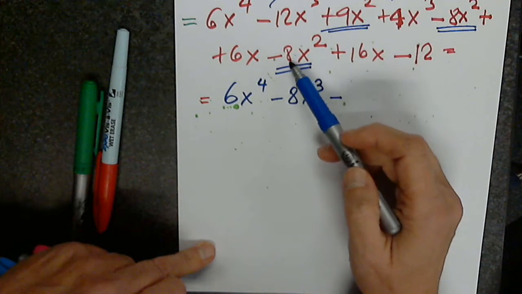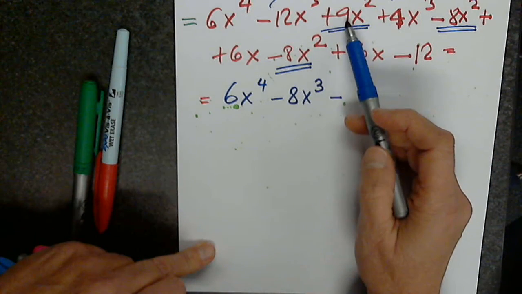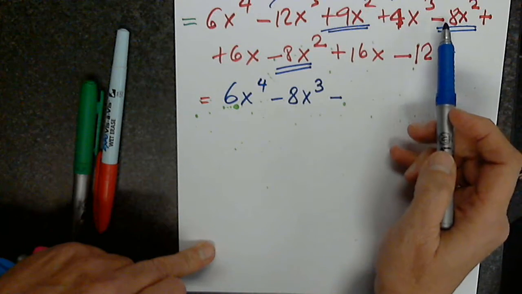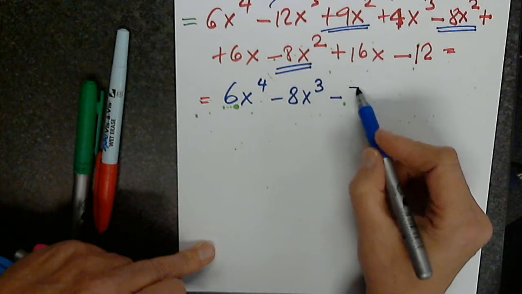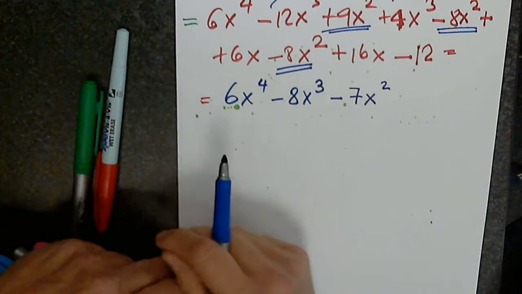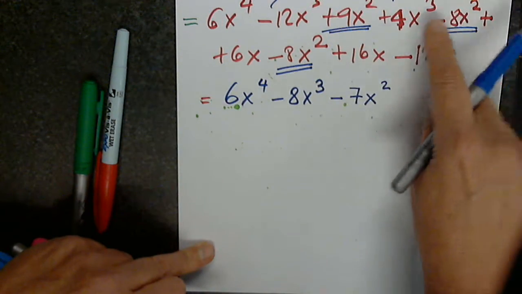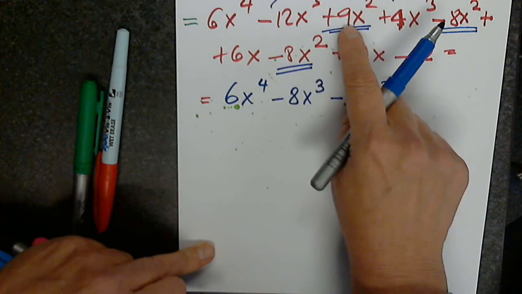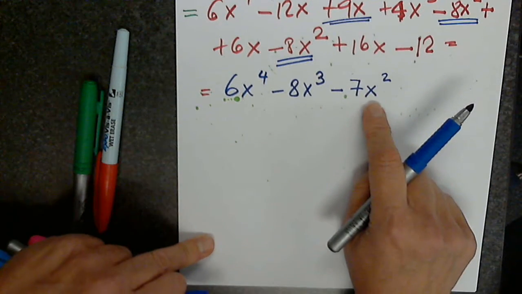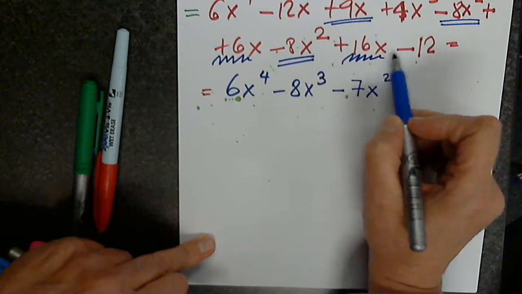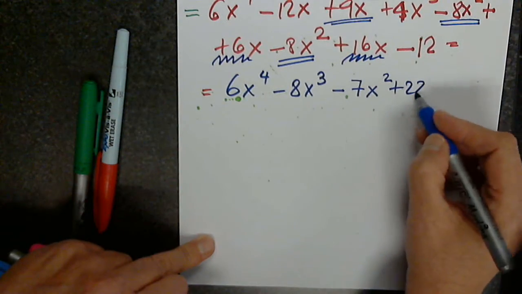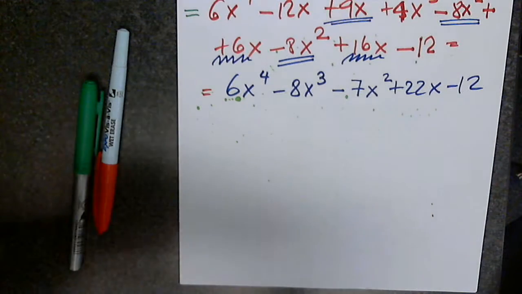So I have 16, and then I have a 9. So minus 16 plus 9. Right? Minus 16 plus 9 is negative 7. And now I have these, so plus 22x and minus 12.